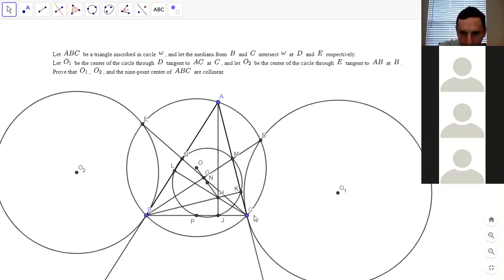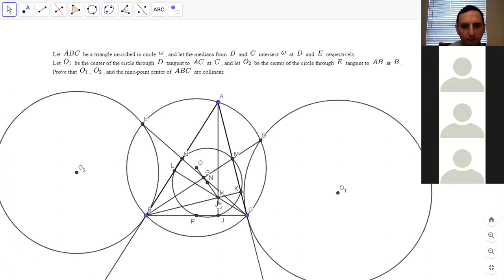So could we show that the angle between EB and AC is the same as the angle between O1C and OH? Not sure. But I like your idea.